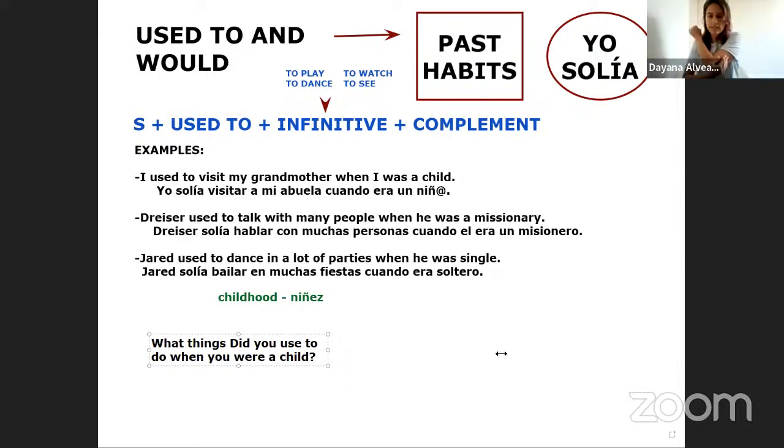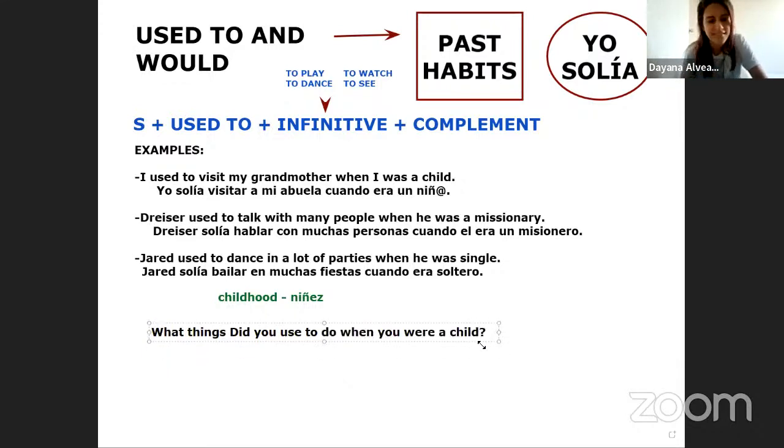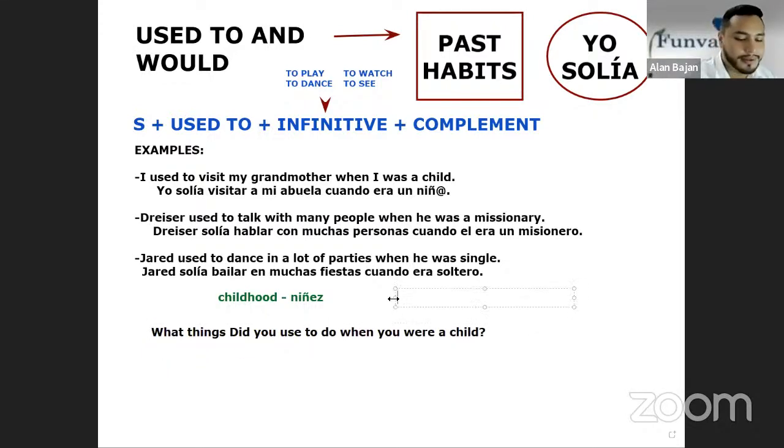Teacher, how do you say desordenada? Disorganized.